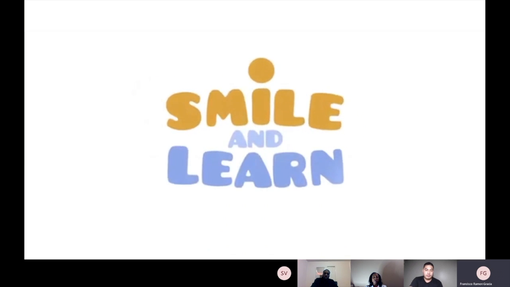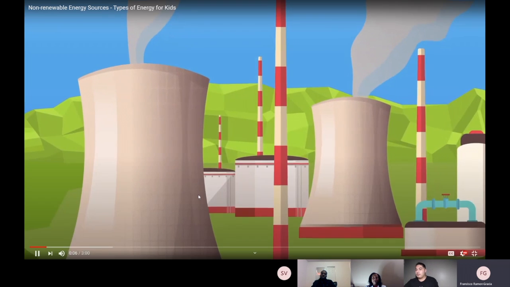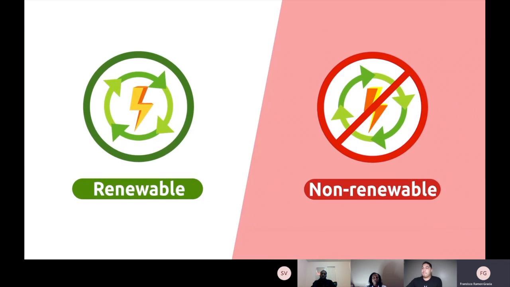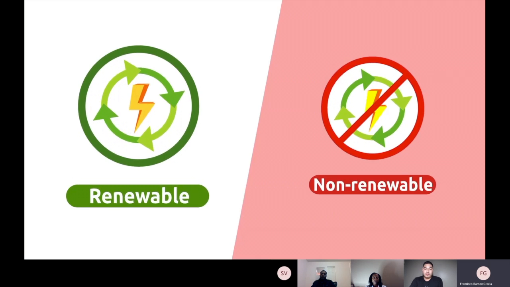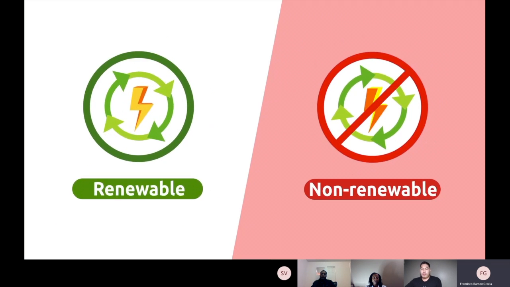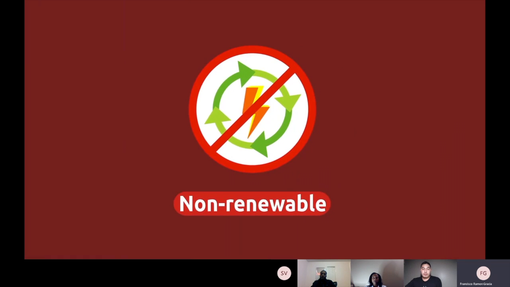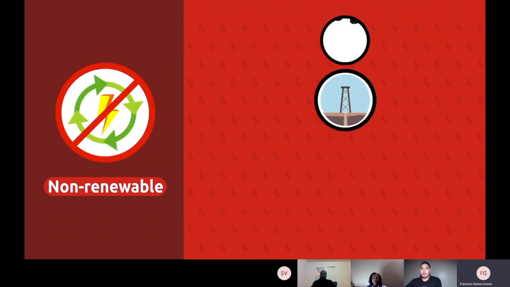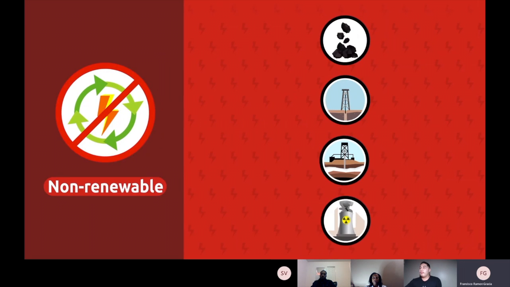Smile and learn. Non-renewable energy. We obtain energy from two different sources: renewable energy sources and non-renewable energy sources. Today we're going to learn about non-renewable energy sources. Non-renewable energy refers to the limited energy sources on the planet that don't replenish naturally.